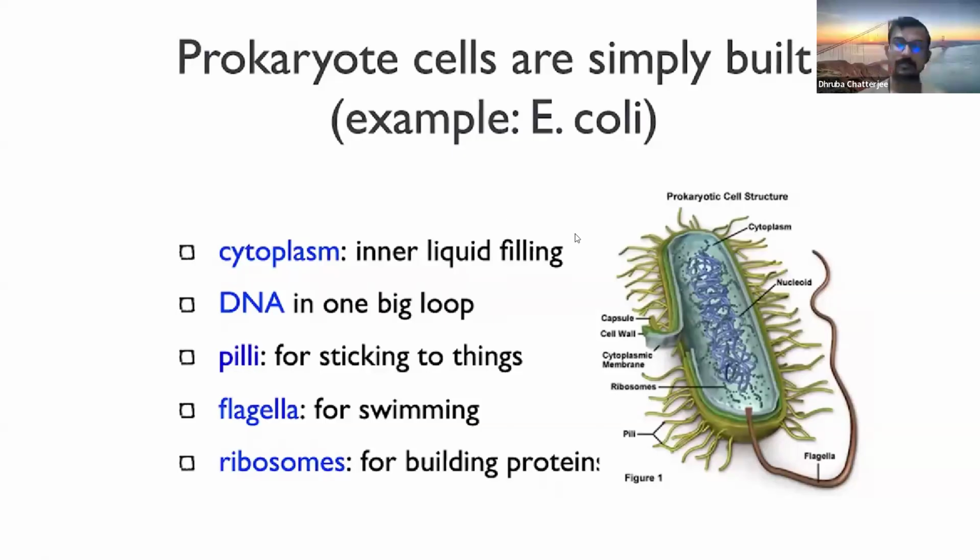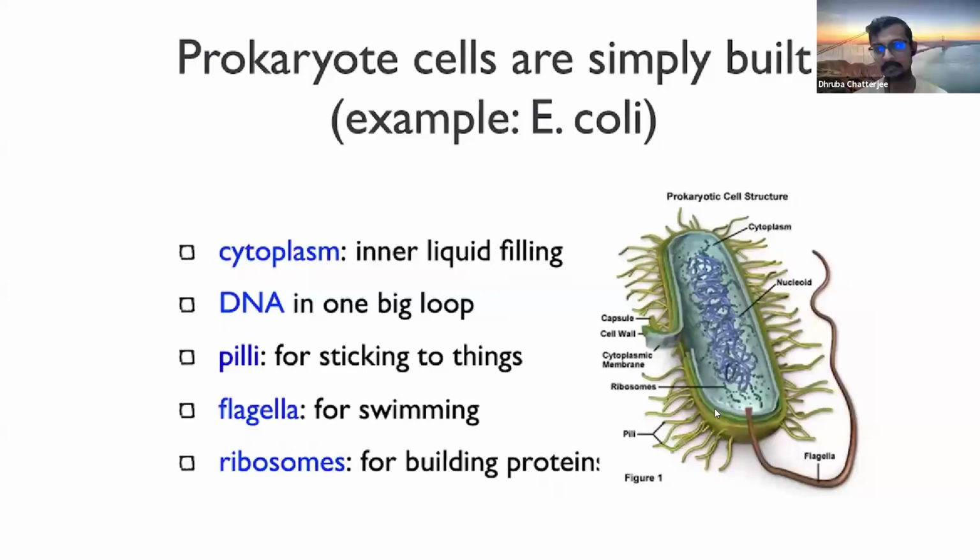Prokaryotic cells have a much simpler organization of cellular biochemistry as compared to the eukaryotic cells. The prokaryotic cells are also much smaller than the eukaryotic cells. Just like the eukaryotic cell, the prokaryotic cell is also delimited by a lipid bilayer, right?